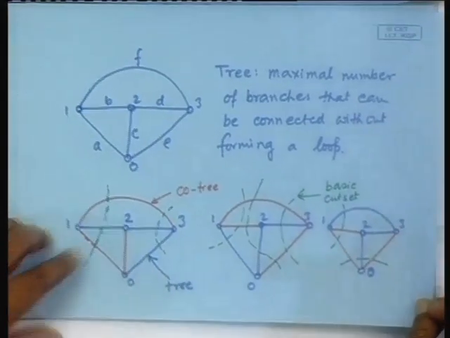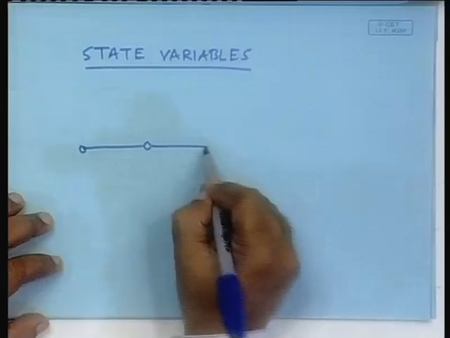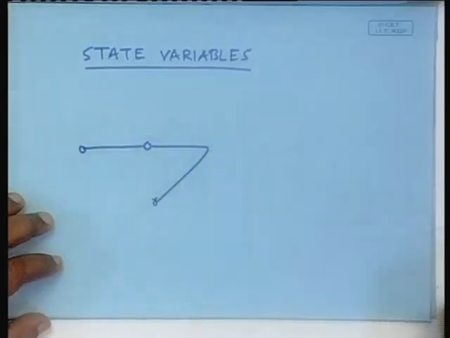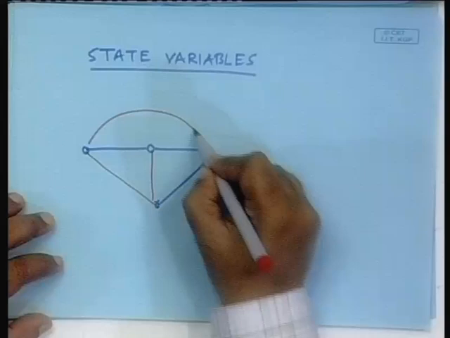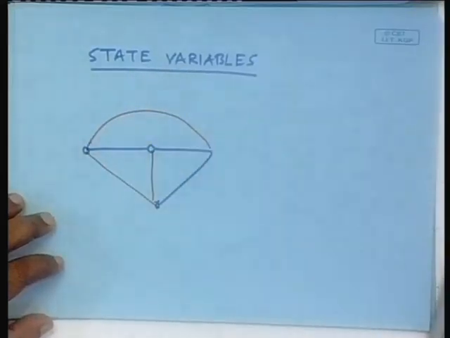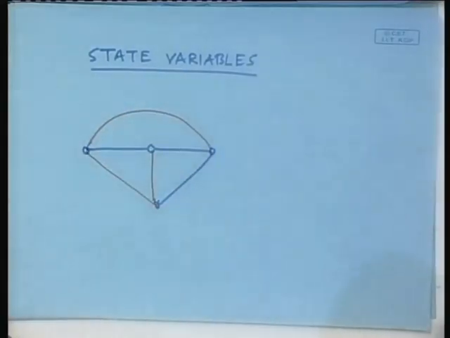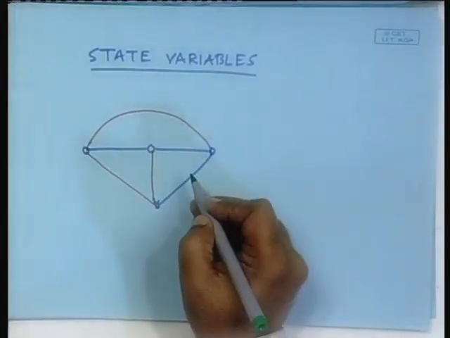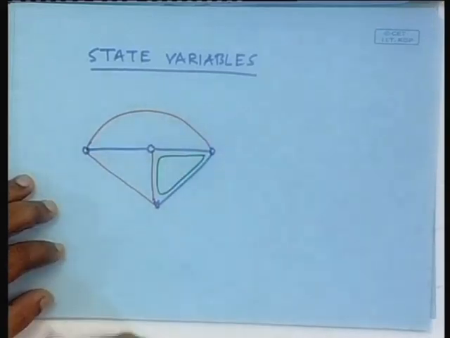So, let us try with this one. We have done it like this. Can we identify the loops? The basic loop would be one which contains only one co-tree branch, right?